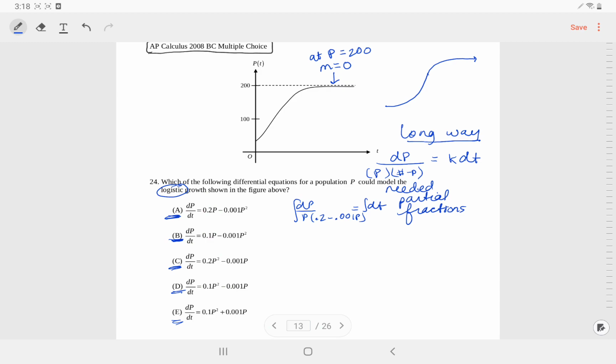When I look at these, if I substitute in a 200, I'm supposed to get a slope of 0, and dP/dt is the slope. So I'm looking at E because I think this is not the right answer. 0.1 times 200 squared plus 0.001 times 200. That's definitely not 0, so it's not E.